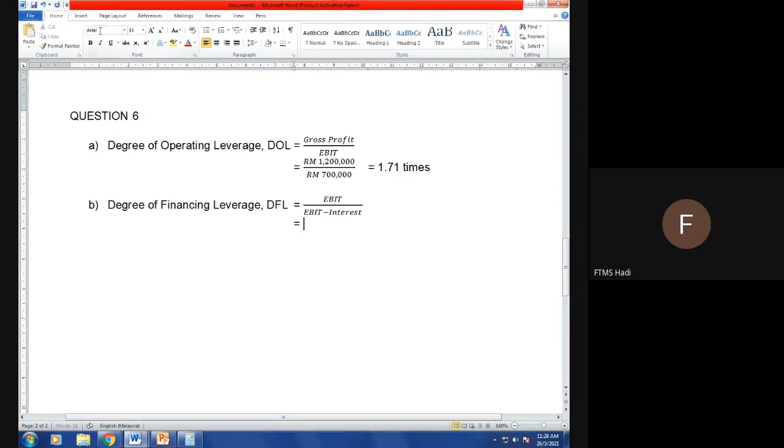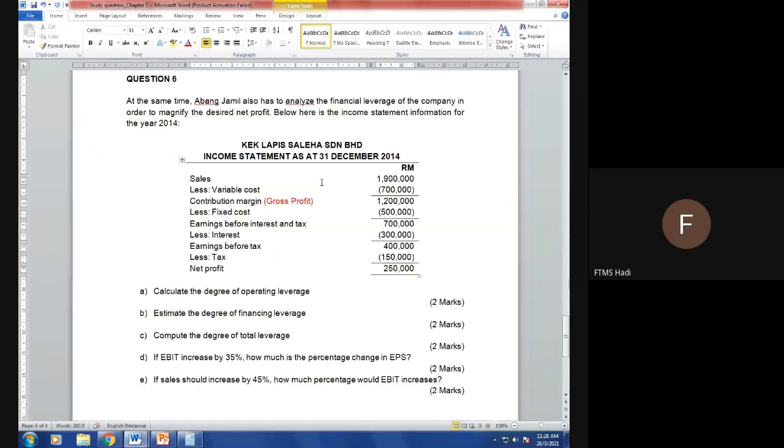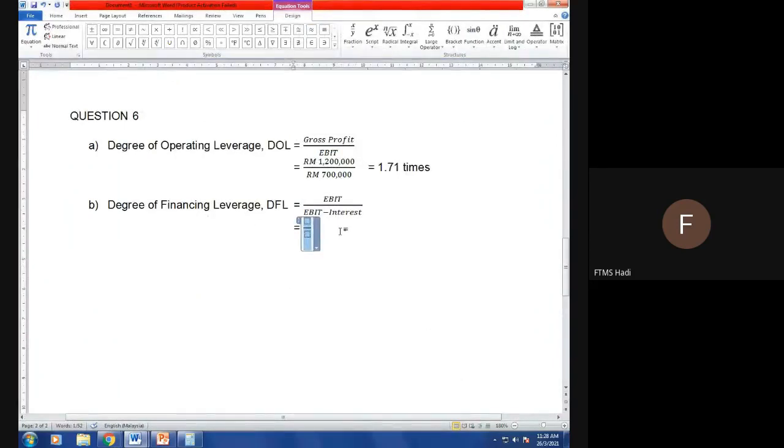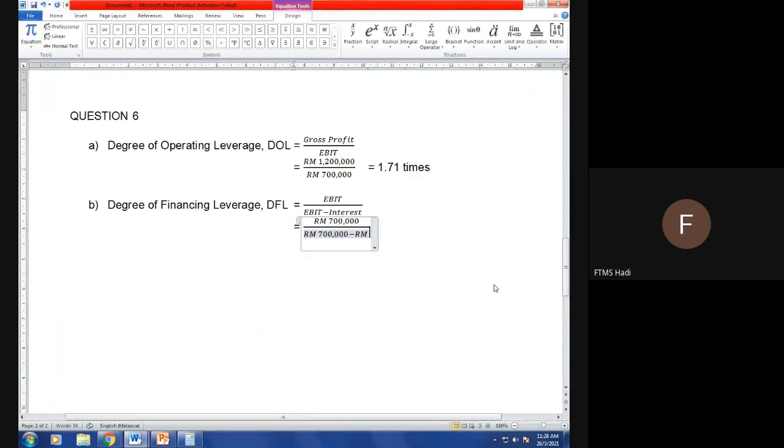Again, you have EBIT here, or if you don't feel confident, you can refer back to this one, 700,000, divided by 700,000 minus interest. Interest is here, less interest, 300,000. Ignore the negative sign, just take the value.